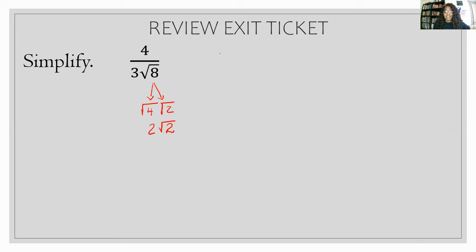So it's going to be 4 over 3 times the 2 and the square root of 2. And I can go ahead and multiply those 3 times 2 because they're both outside the radical. So now I've got 4 over 6 square root of 2.